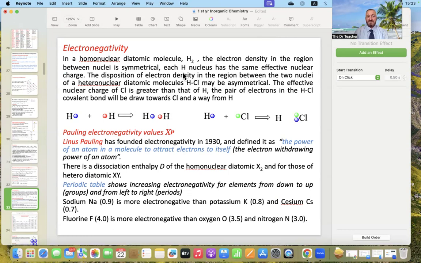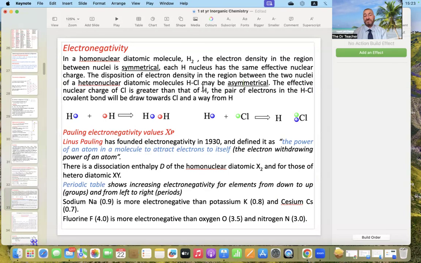So we have symmetrical here, underline symmetrical, and here we have asymmetrical in HCl: symmetrical for the homonuclear diatomic, asymmetrical for the heteronuclear diatomic.